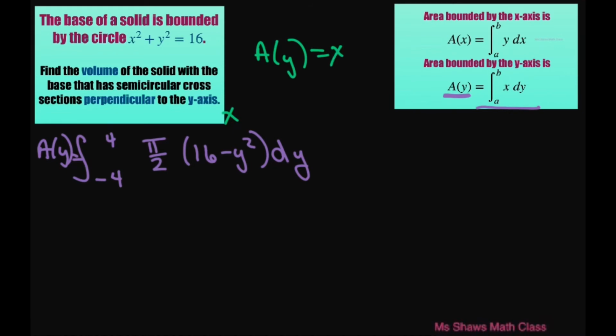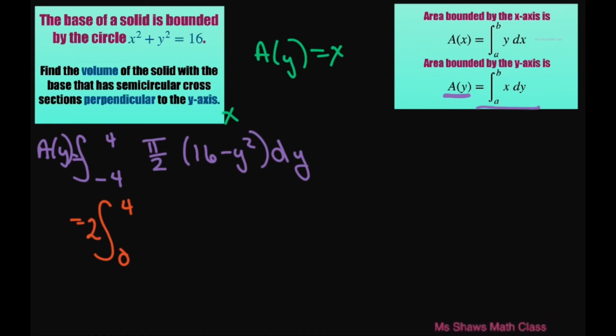All right. Now that you have that, remember we had that circle, we can multiply it by 2, just so we can make it easier. Instead of going from negative 4 to 4, we can go from 0 to 4 if we multiply this by 2.